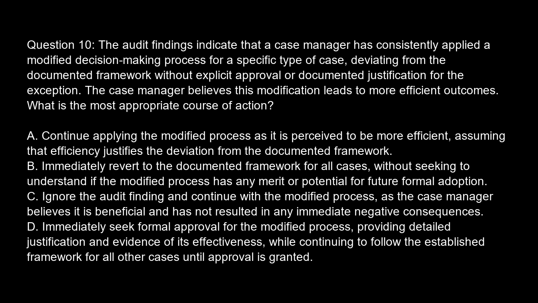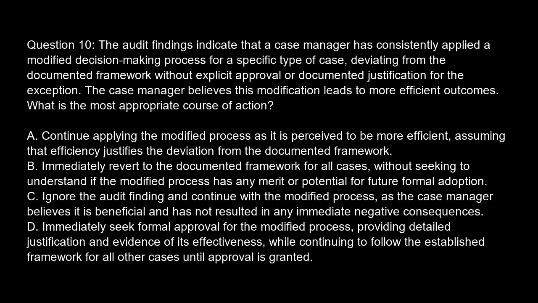Option A. Continue applying the modified process as it is perceived to be more efficient, assuming that efficiency justifies the deviation from the documented framework. Option B. Immediately revert to the documented framework for all cases, without seeking to understand if the modified process has any merit or potential for future formal adoption.